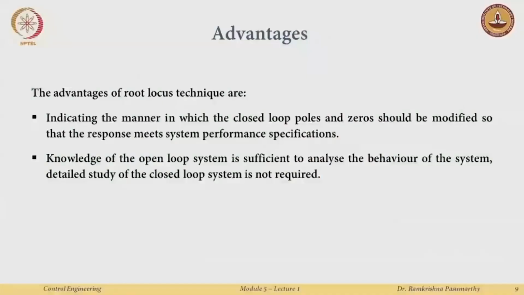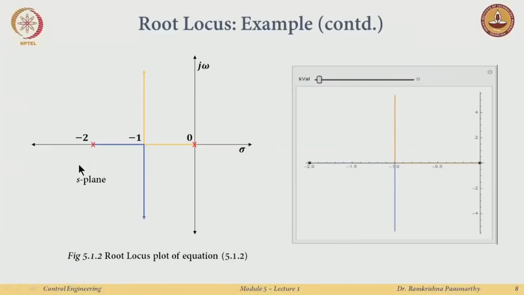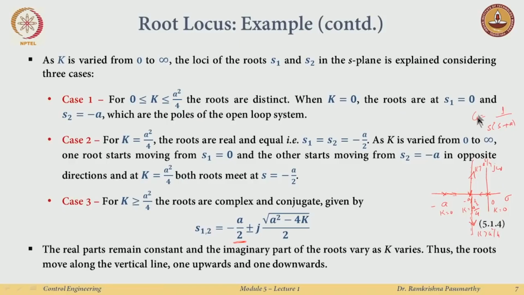So, I would know how to modify the gain k such that my performance is met, and performance is usually mapped to some pole locations. And I am doing this only with the knowledge of the open loop system. I started with the open loop poles, s at 0, s at minus a, and I am now just increasing the gain k. We will see how we formalize this a little later.